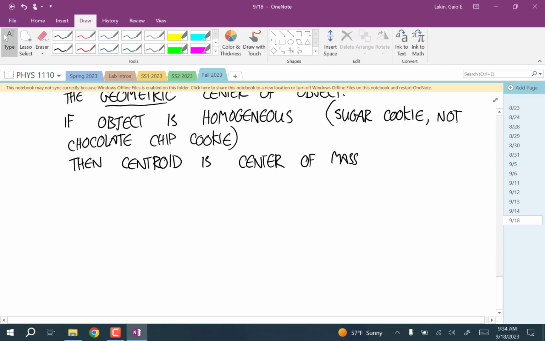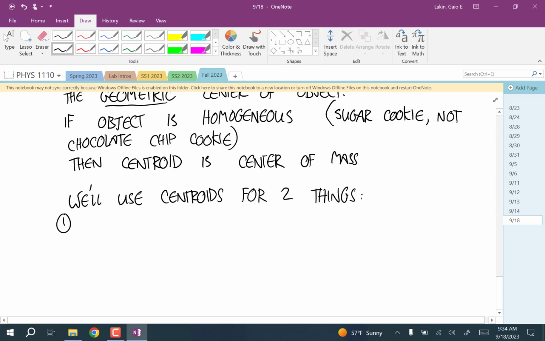We'll use centroids for 2 things in this class. The first is to find an object's center of mass, and we'll use that to figure out where the weight is applied.